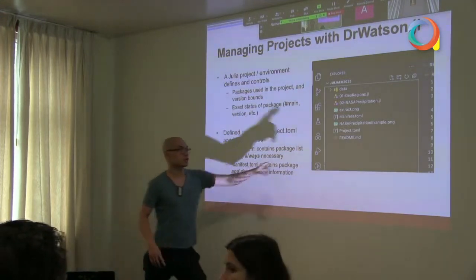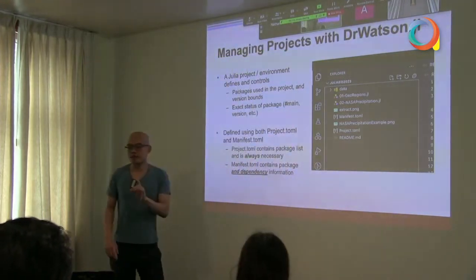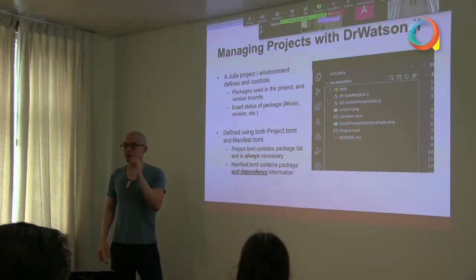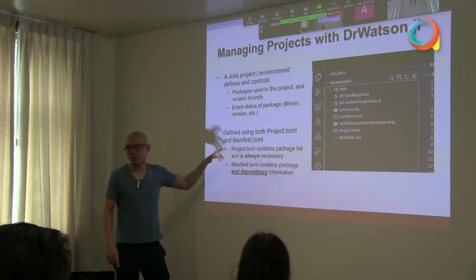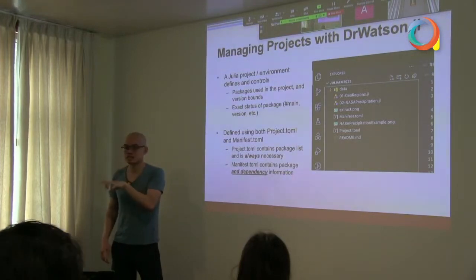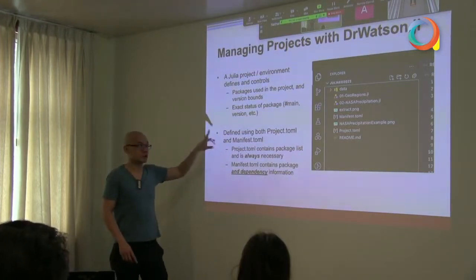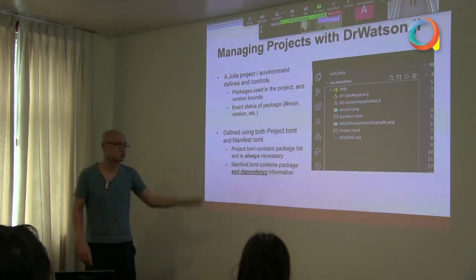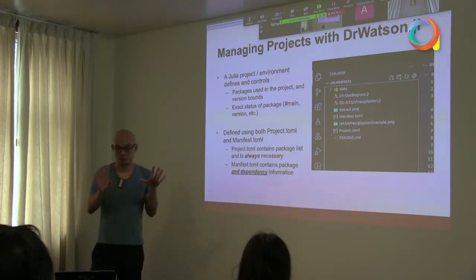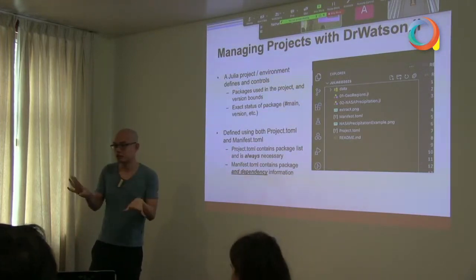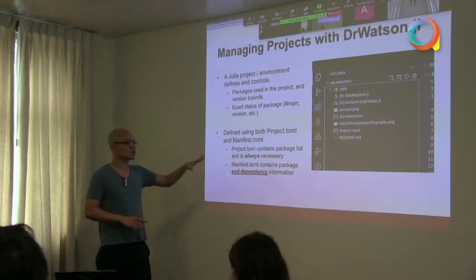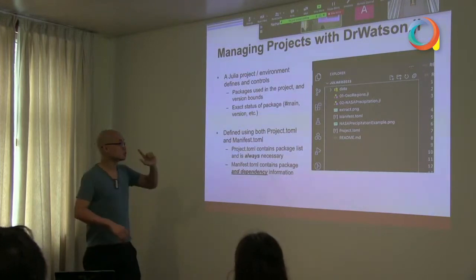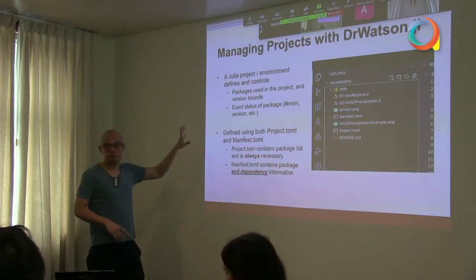For example, if my package NASA Precipitation uses NCDatasets, and I add NASA Precipitation to the project, in the manifest you will see NASA Precipitation and NCDatasets. But you will not see NCDatasets in the project because I did not add NCDatasets to my project environment. But my package depends on NCDatasets, so it's inside the manifest. Is that kind of clear to everyone?